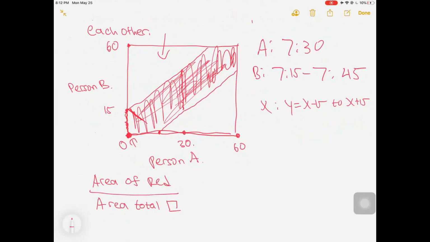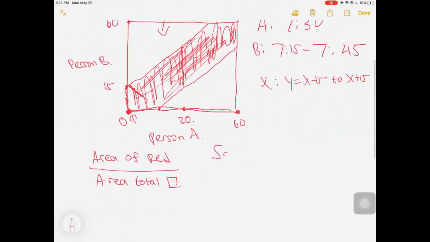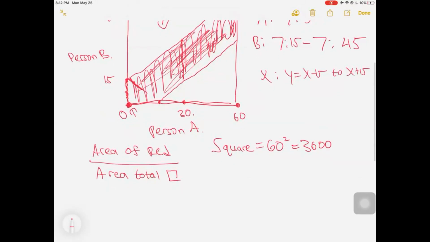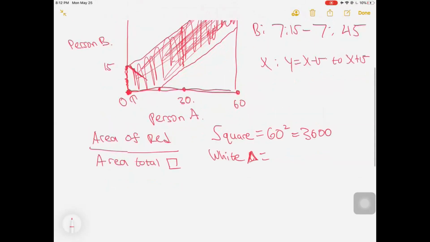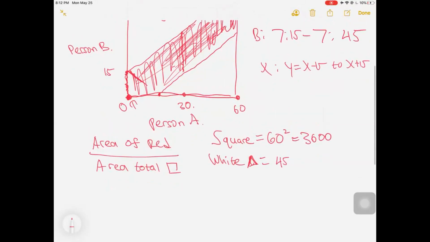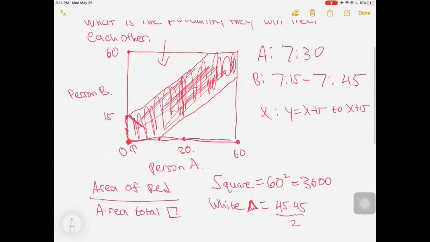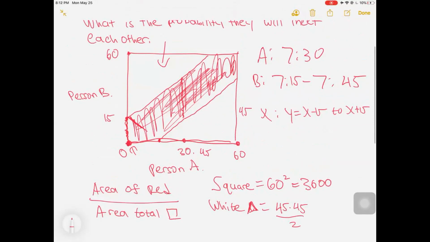So to find the area of the red region, we can just use the big square. The square has area of 60 times 60, while each white triangle has the area of 45 times 45 over 2, because it's base times height over 2.